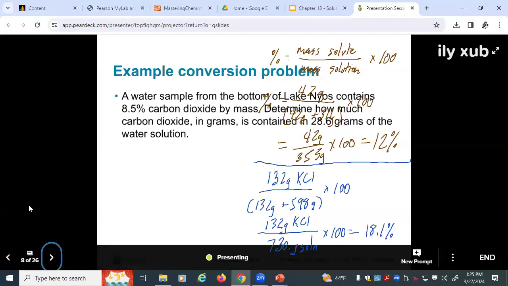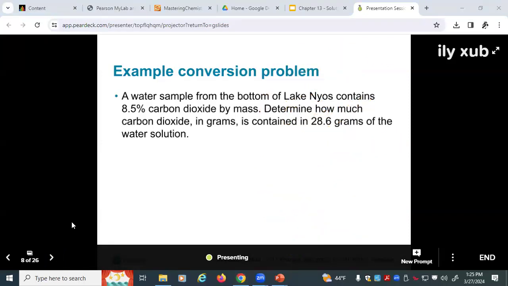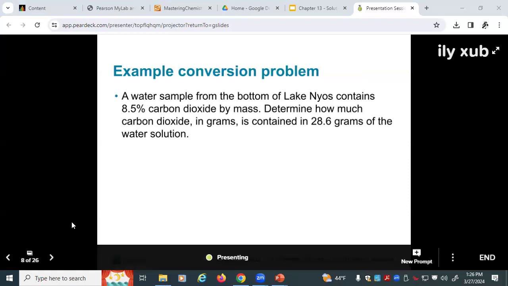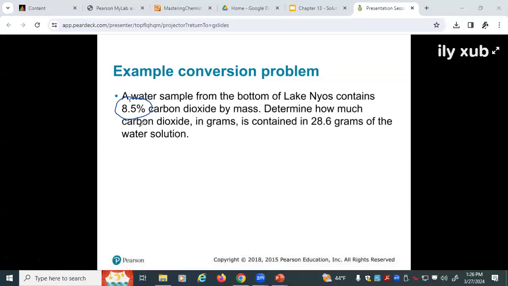All right, before I let you try on your own here, let's look at an example conversion question. So in this particular question, we are told that a sample of lake water is 8.5% carbon dioxide by mass. The question is, how much carbon dioxide would be in 28.6 grams of water? Now, to answer this question, we have to break down what the percentage means.